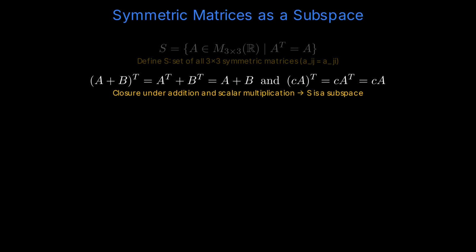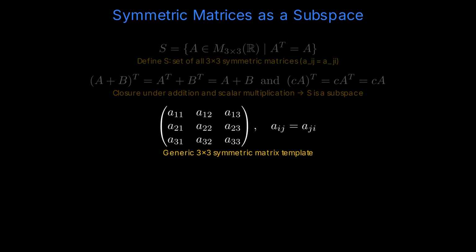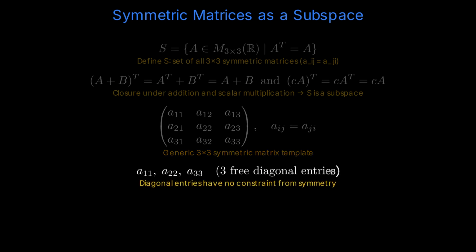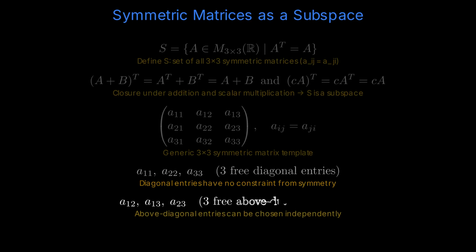Now, to find its dimension, we count the number of free entries in a generic symmetric matrix. Consider a 3 by 3 matrix with entries Aij. The 3 diagonal entries, A11, A22, and A33, are completely free. The 3 above-diagonal entries, A12, A13, and A23, are also free.